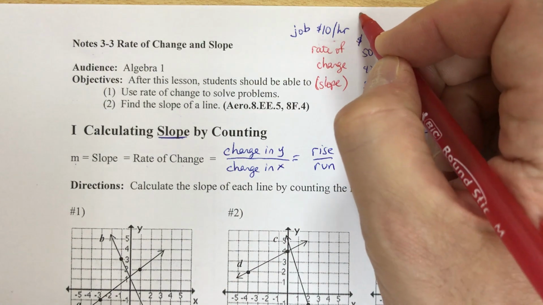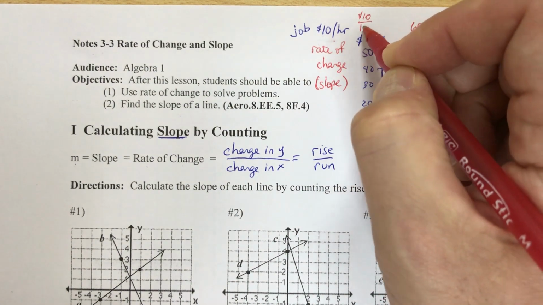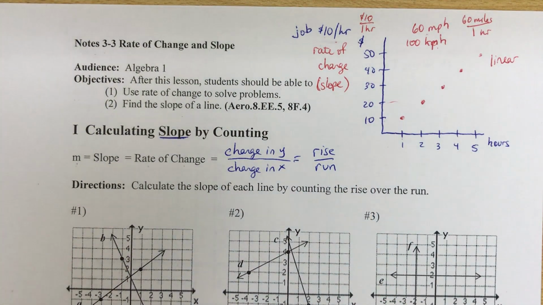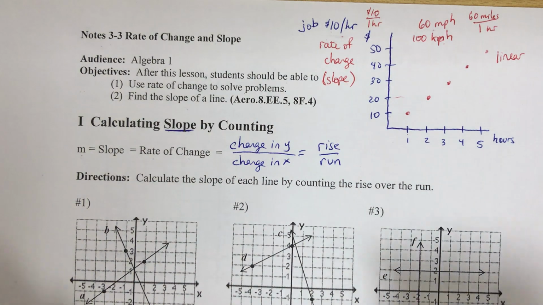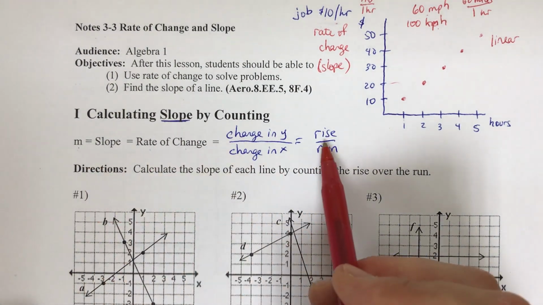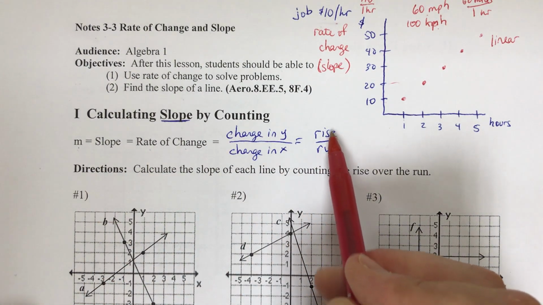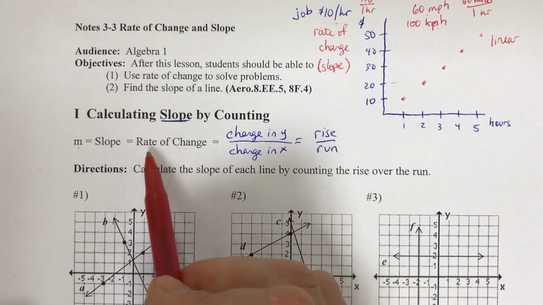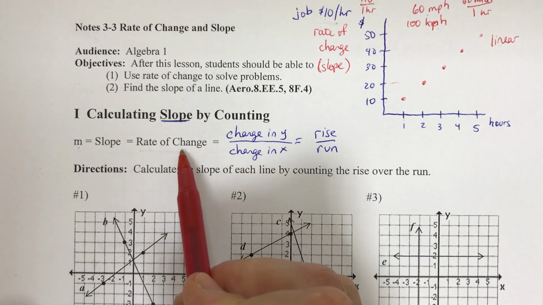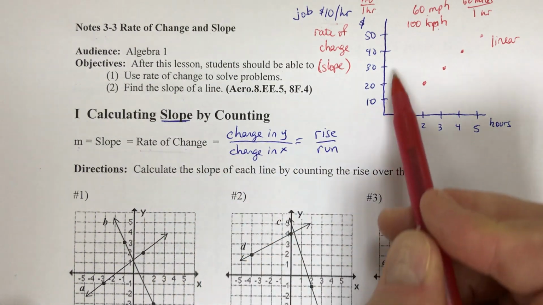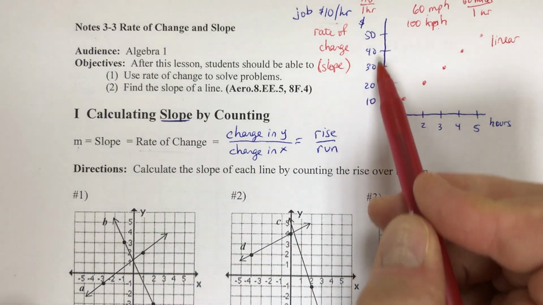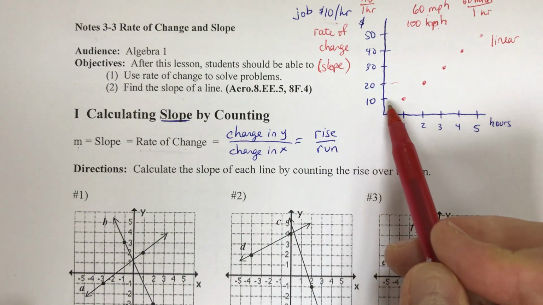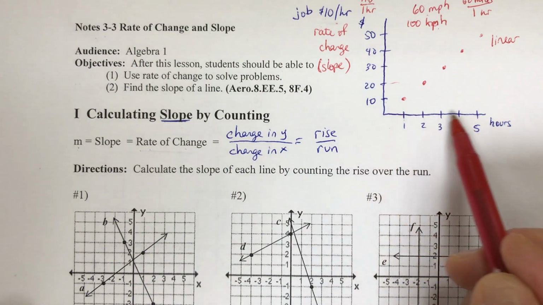Here you're making $10 for every 1 hour. Okay, so the concept of slope, yes, we kind of memorize rise and run. You go up or down, and then you go right or left. But the concept is the rate of change. How quickly we change in the y direction divided by how quickly we change in the x direction.